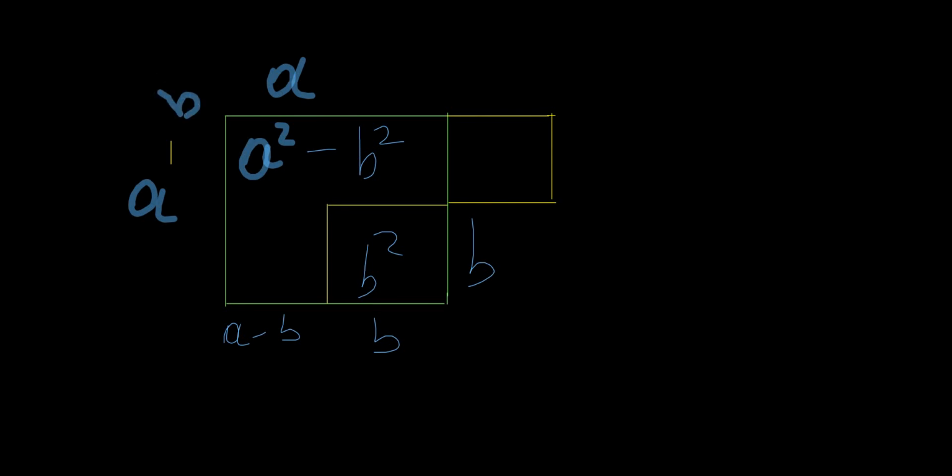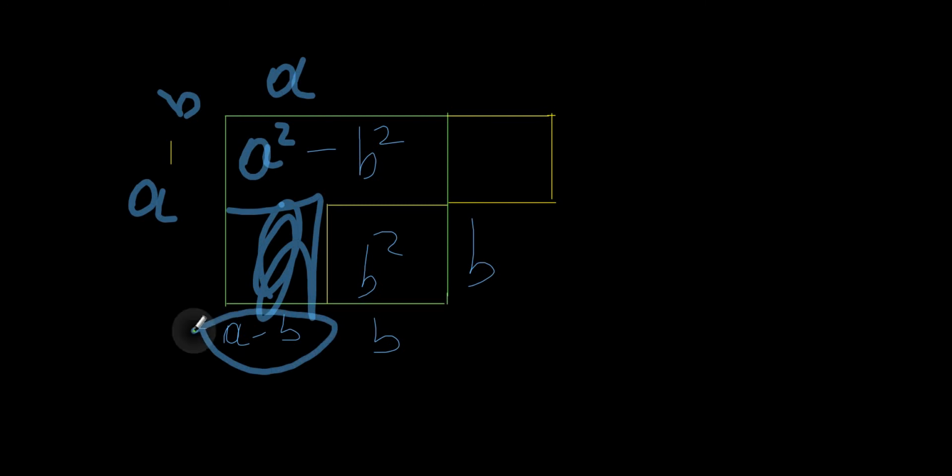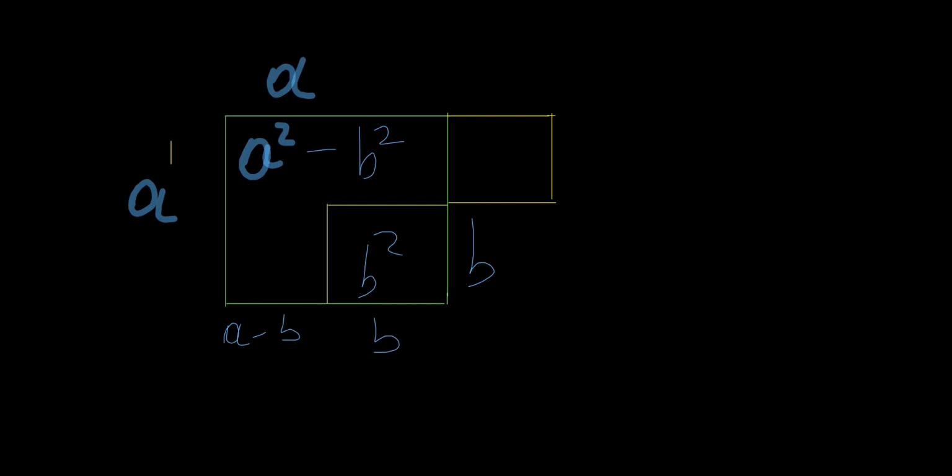If I move this part now and put it right here, I would rotate it to ensure that this side is corresponding with this. It's parallel to that, and so we'll write it looking like this: a minus b. We could have written it vertically, it doesn't matter. So when I move this part, we have a minus b.